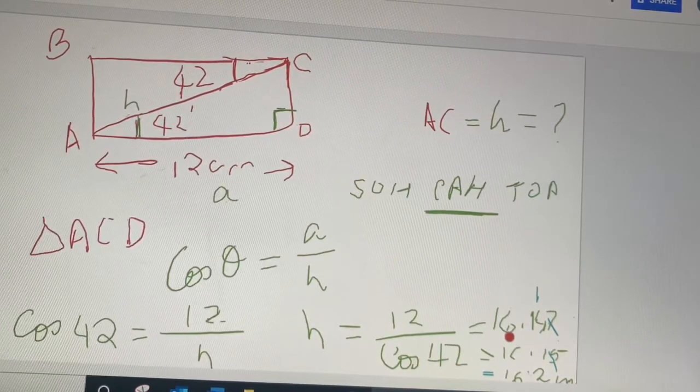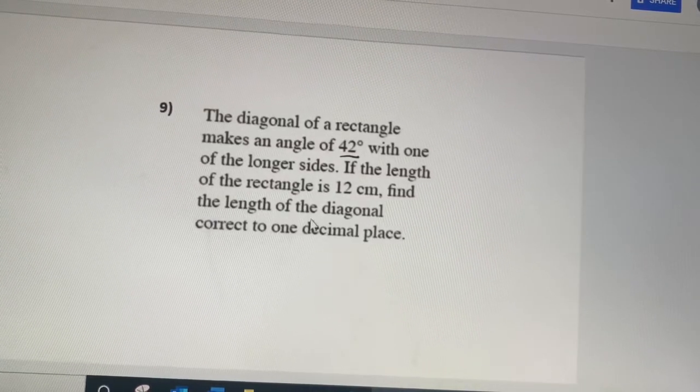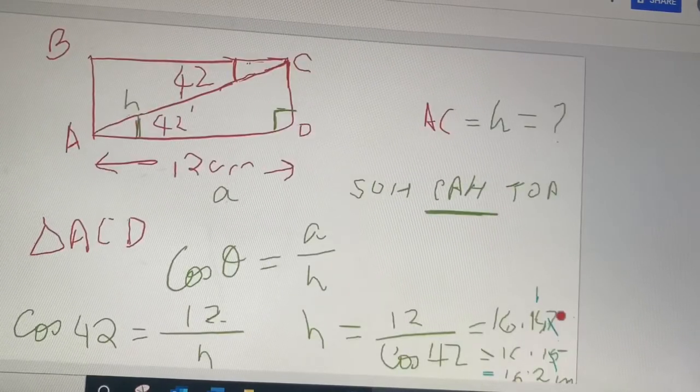If we simplify, we'll get 16.147. But the question has asked us to give the answer to one decimal place, so we have to do some rounding. Because 7 is the third decimal place, we need to cancel it, and as 7 is bigger than 5, we'll get a carry to 4. So now our answer becomes 16.15.